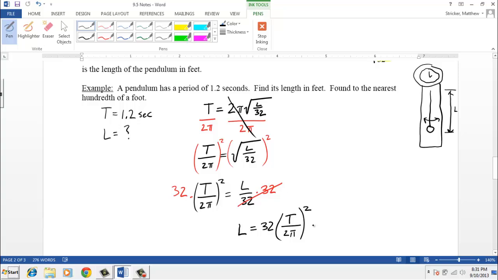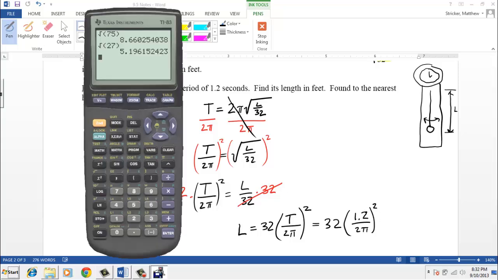Now we can solve for L because we know what T is. T is 1.2 seconds. So our particular equation is 32 times (the period, which is 1.2 seconds, divided by 2 pi) quantity squared. We can go ahead and use the calculator now.